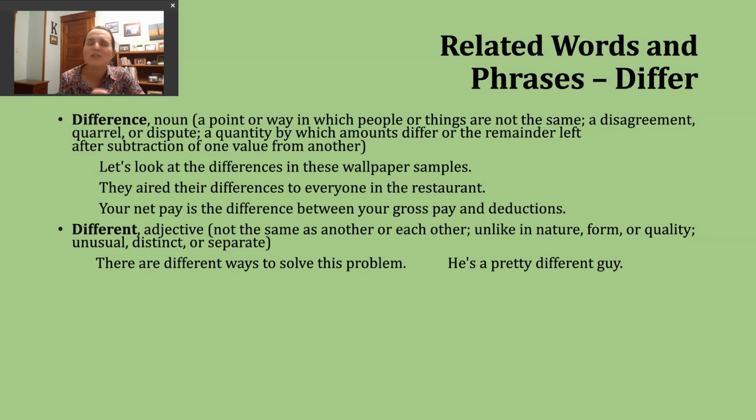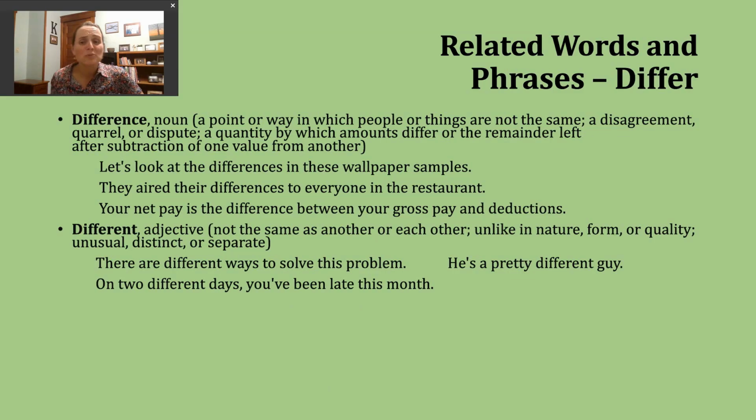A second way to use the word different can mean something that is unlike in nature, form, or quality. Oh no, there's my second sentence. Sorry, I wasn't seeing that well in my notes. So he's a pretty different guy.